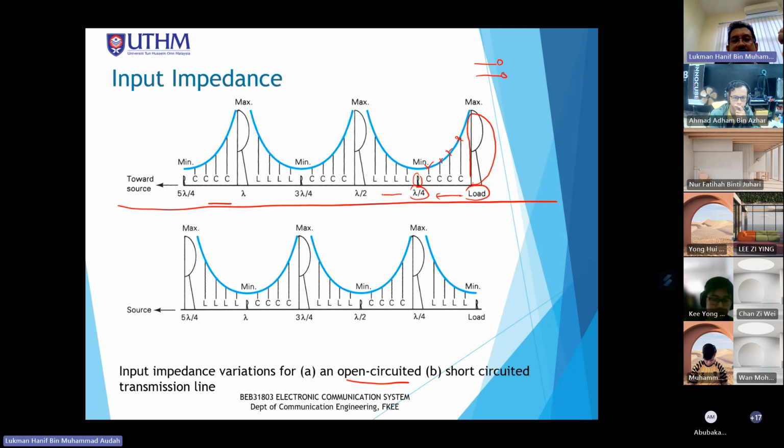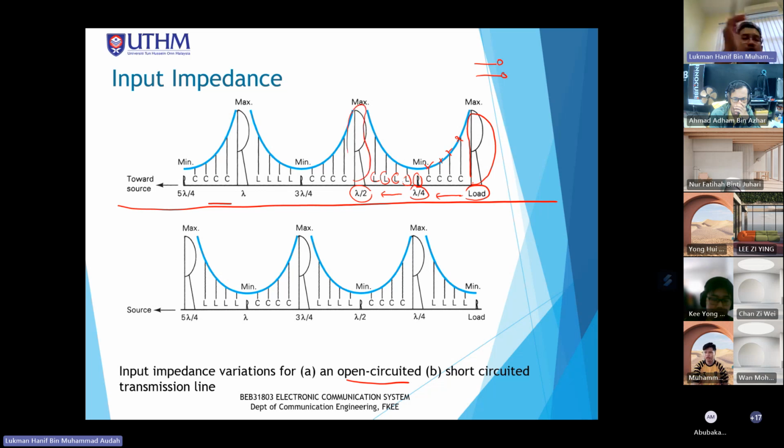Then as we move further, the input impedance has inductive reactance dominance, until we reach lambda over 2, where we get a resistance with maximum value.